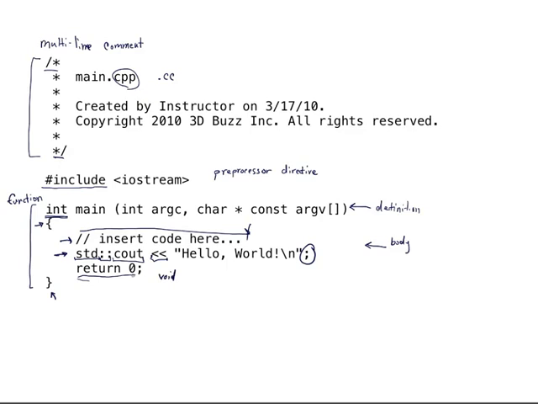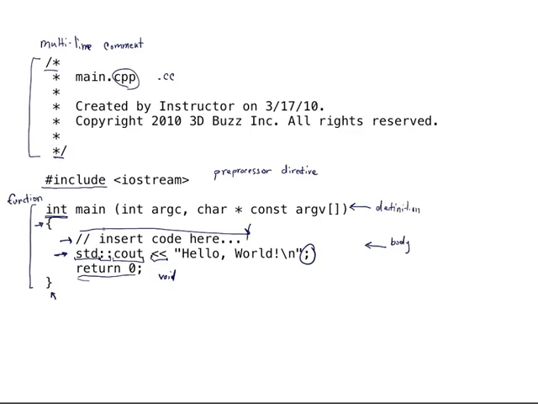And so in this case, what this is going to do is return 0 back to whoever called our main function. Now the main function is special in C++ programs. This function gets called for you automatically when you run your program. This is basically your entry point into the program, where you can write your code so that your program can start to be executed.